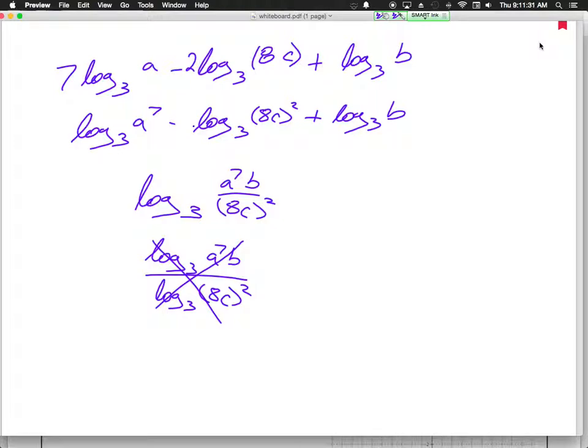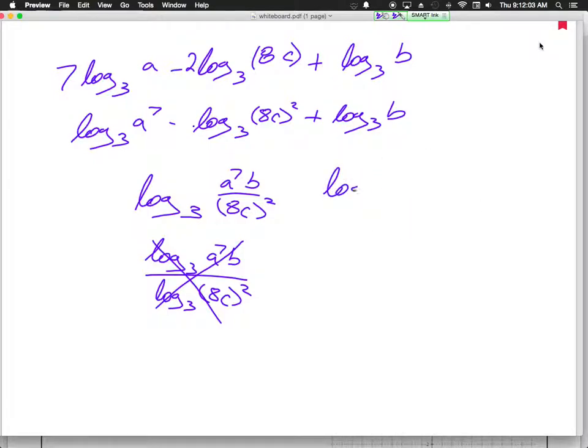No matter what. So that is using properties of logarithms to expand and condense logarithms. For instance, let's say I've got log base 3 of 27 over 3. Is that what I want to use? No, that's not what I want to use.